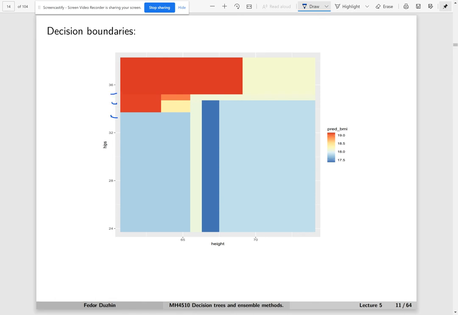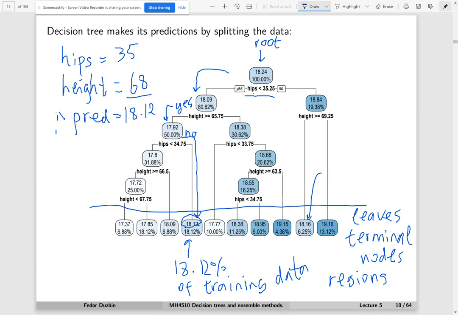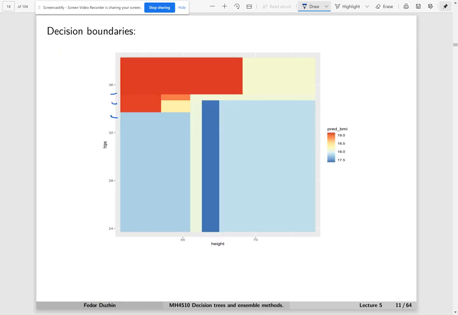So 35 is somewhere here, and 68 is, I guess, somewhere here. So our observation probably belongs to this region. It's a bit hard to see.